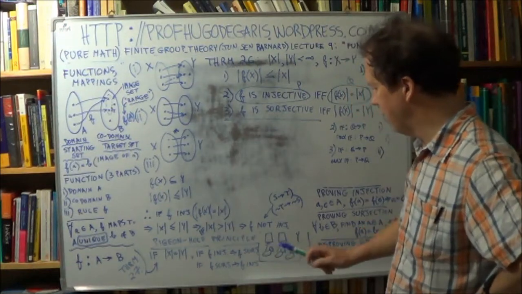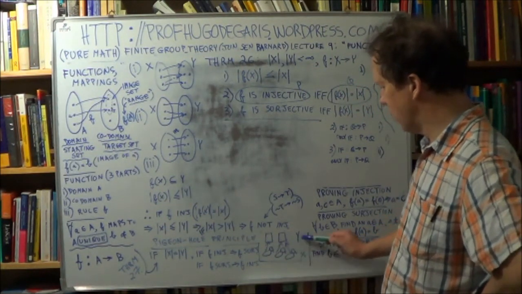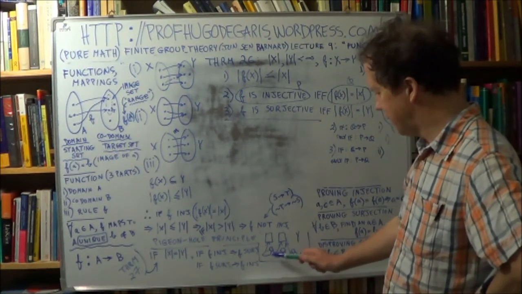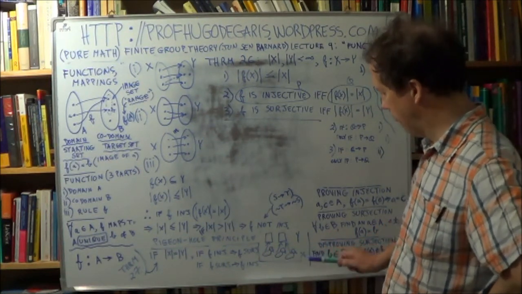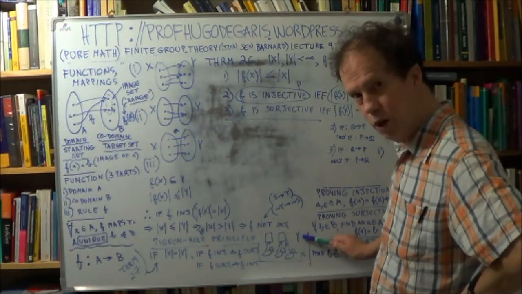Okay, so imagine you have two pigeonholes here, and that's the set Y. And here's your set of pigeons, and I've got 3 of them here. That's your set X. X is the set of pigeons, Y is the set of pigeonholes.